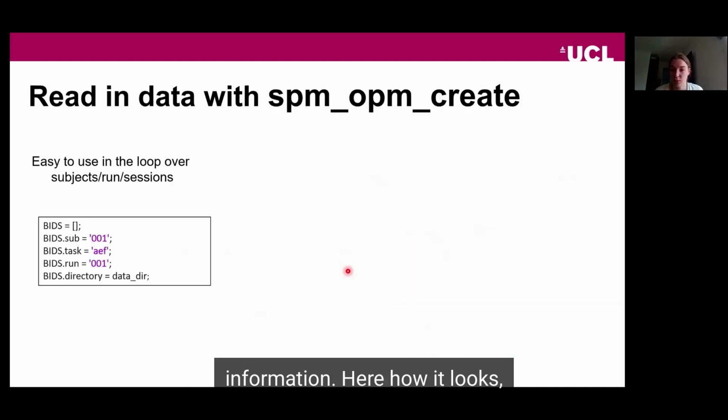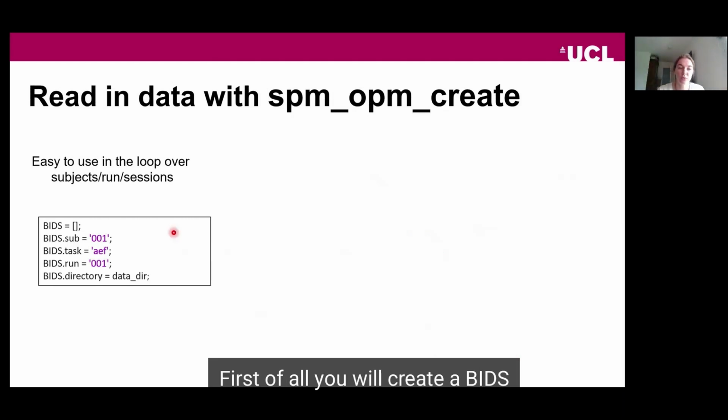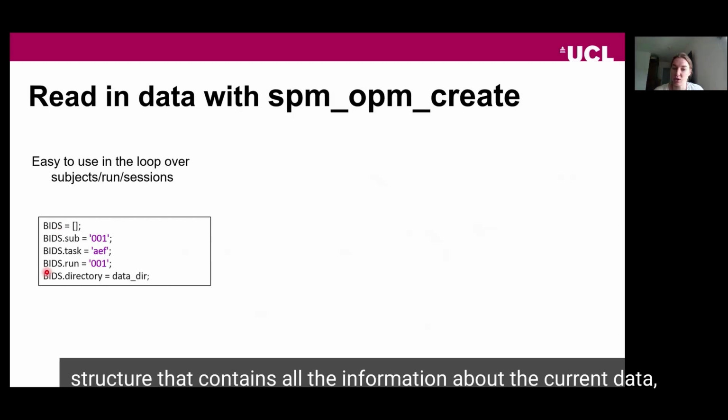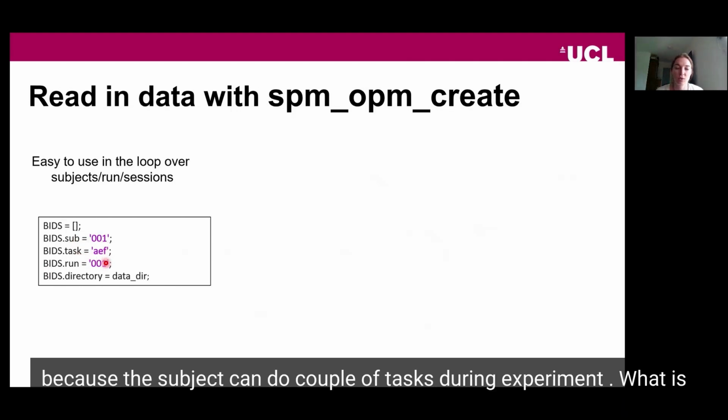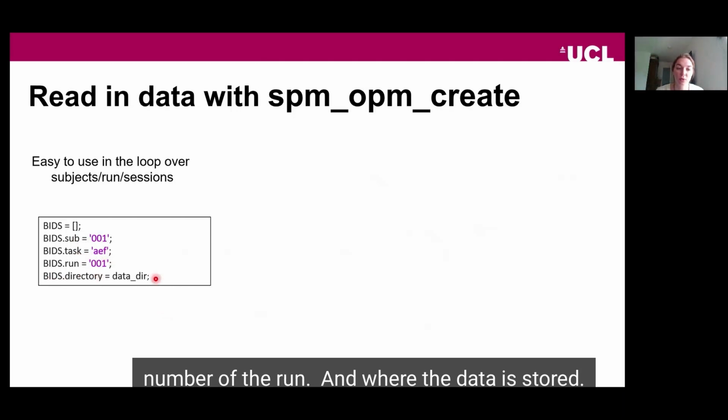So here is how it looks. First of all, you will create a BIDS structure that contains all the information about the current data, which means the number of the subject, which subject the data belongs to, what the task is, because the subject can do a couple of tasks during the experiment, what number of the run it is for the task, and of course where the data is stored.